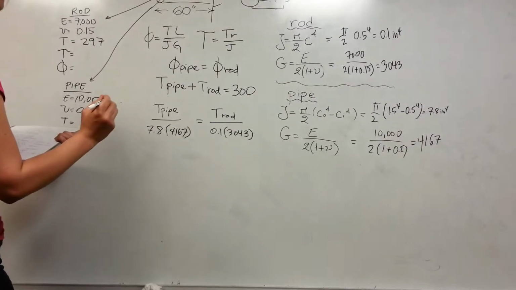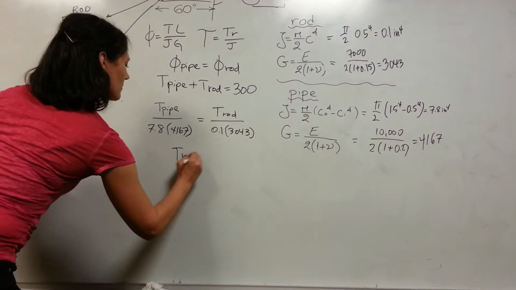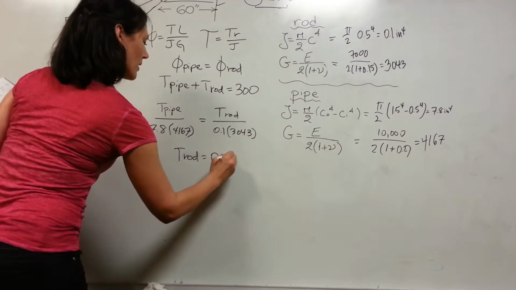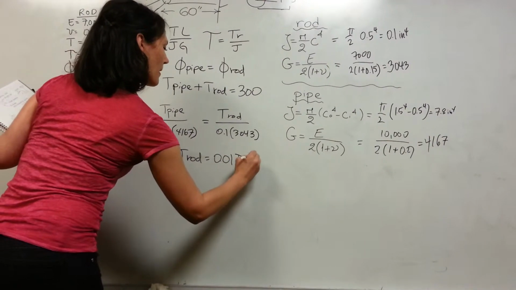So that gives us the torque of the rod is equal to 0.01 torque of the pipe.